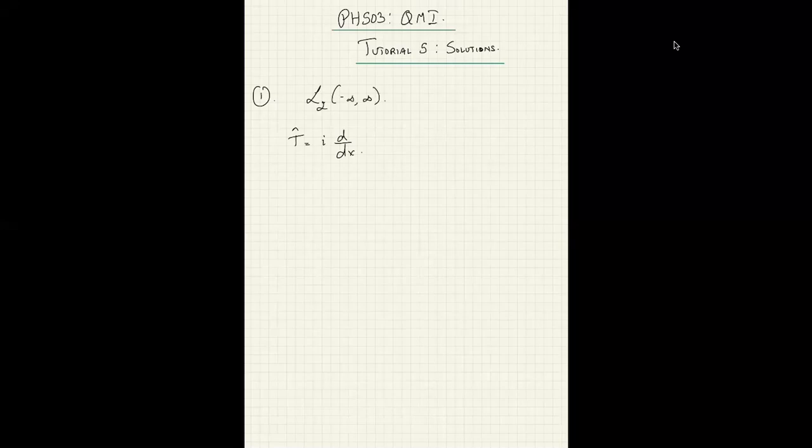Let's remind ourselves how to calculate the adjoint operator. So first, act the operator T on some vector f and then take the inner product of this vector with another vector g, okay?